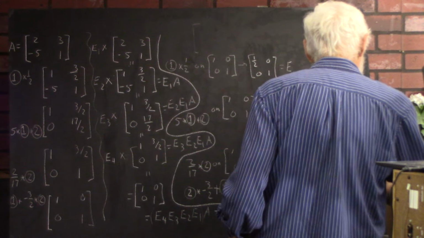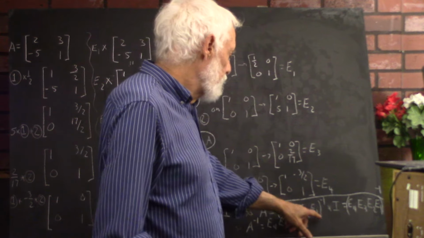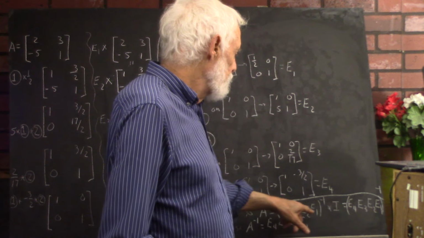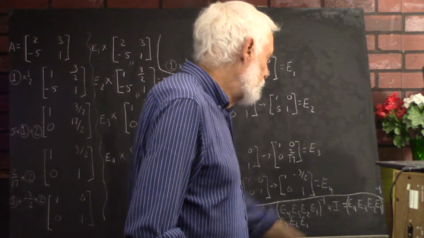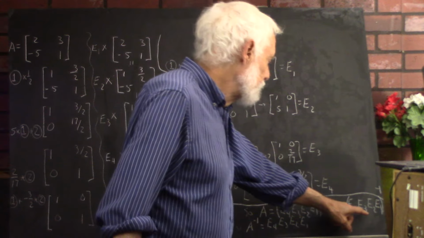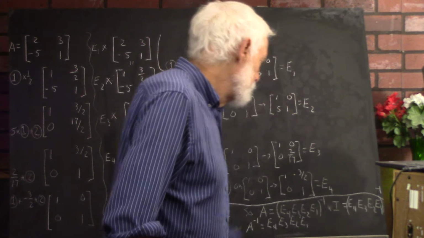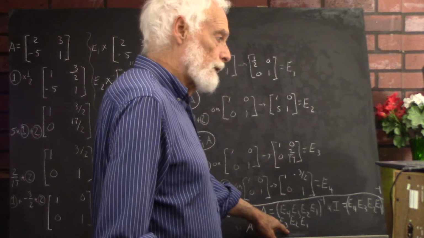I think I just didn't finish it. And multiplying this sequence E4 through E1 inverse times I gives us E4 down through E1 inverse. So A is the inverse of this product, and that means that A inverse is this product.